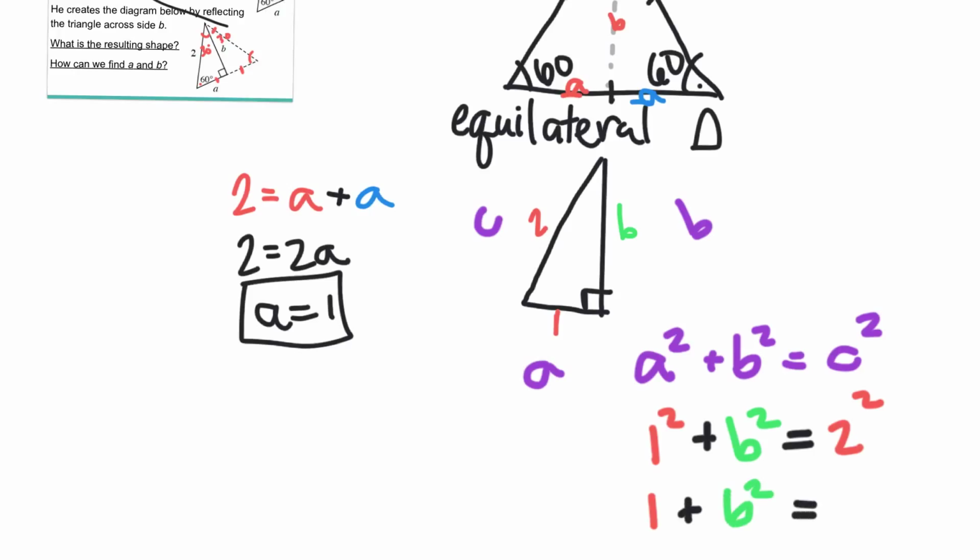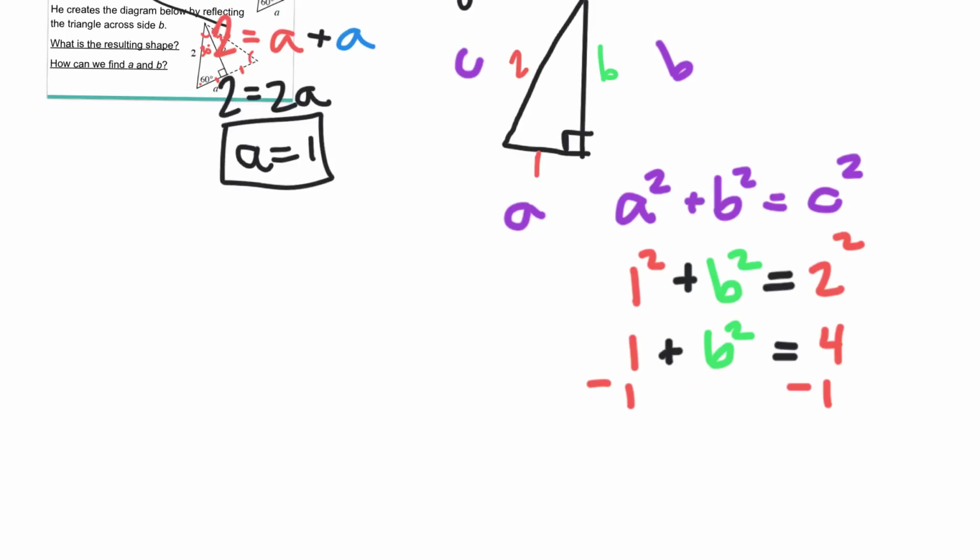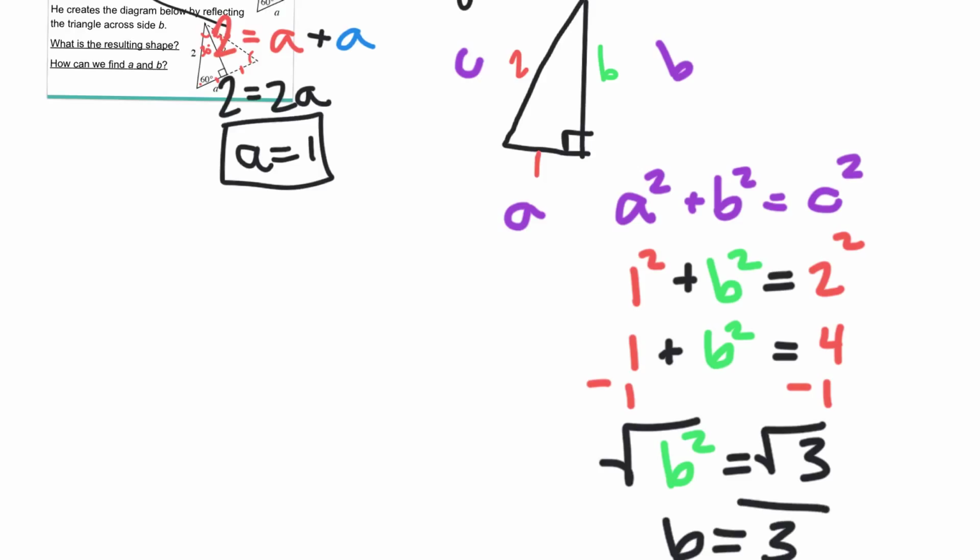And 2 squared is 4. Subtract 1, subtract 1. Let me scoot this up. And now we get B squared equals 3. Hopefully you remember what to do after this. You take the square root, and B equals square root of 3.